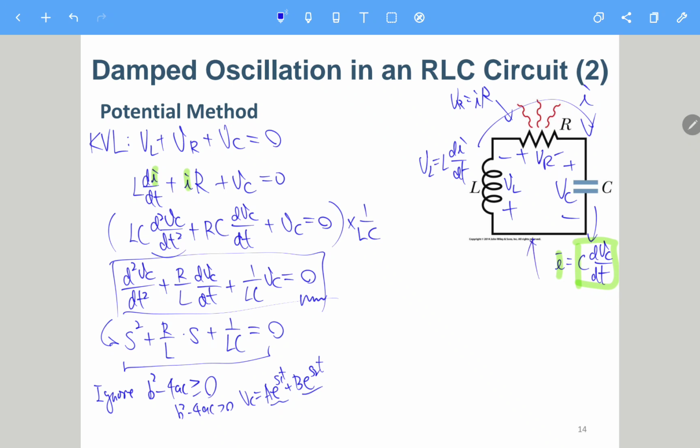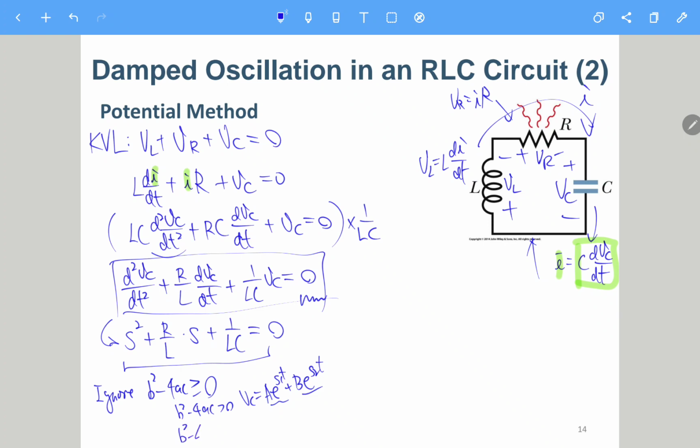Actually here we don't have any active component. All the RLC are so-called passive components, 被动的元件, so they won't make the system unstable. So s1, s2 will be negative, and it's just like exponential decay. So we don't really care about it.